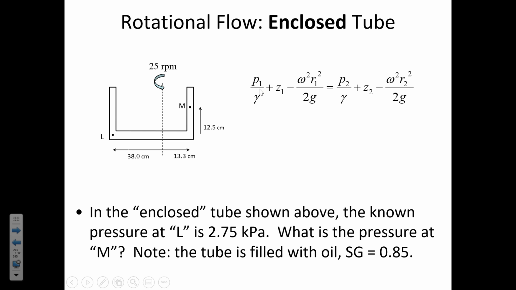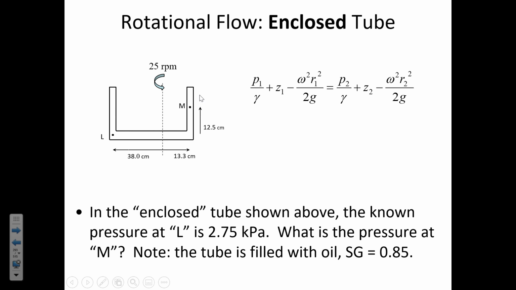So that's going to affect the unit weight that we use. And we have 2 points. There's this point L, which is in the base leg, and then point M, which is 12.5 centimeters above location L. And you can see that the radius of each side is defined. It's not rotating about one of the legs. It's rotating somewhere in the midpoint.